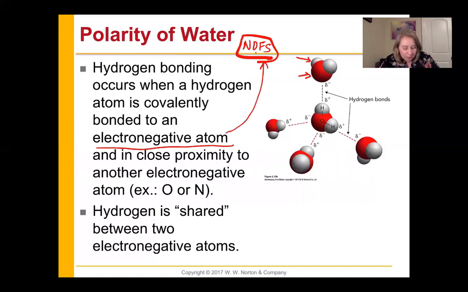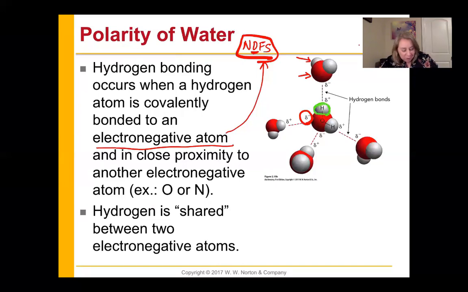So bonded to an electronegative atom. In this case, we're talking about oxygen. And it's in close proximity to another electronegative atom. And so the hydrogen is then shared between the two. So this hydrogen right here, let's look at that one.